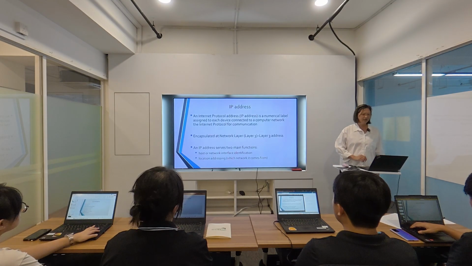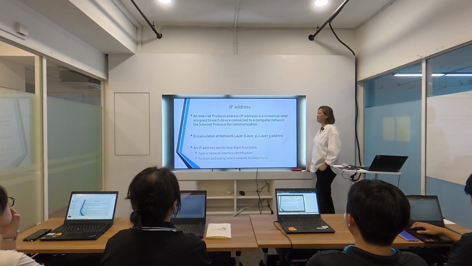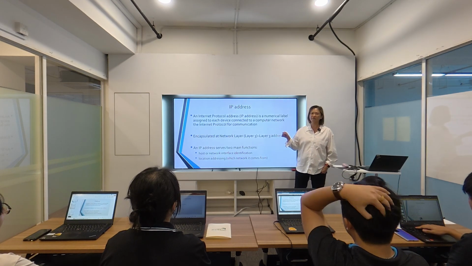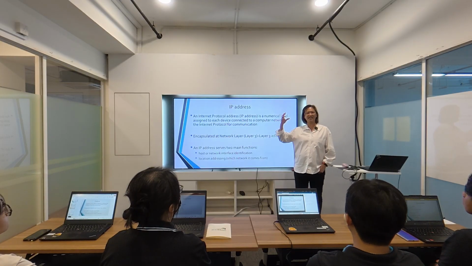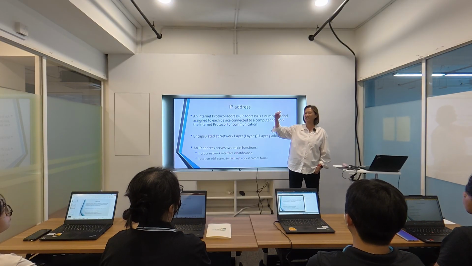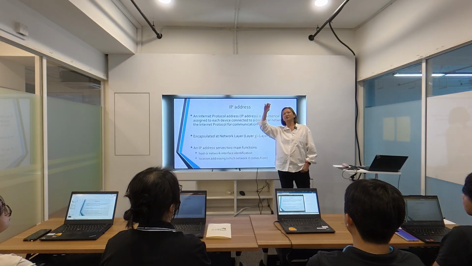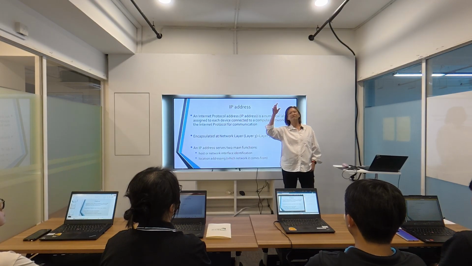Okay, first of all, an IP address is a numerical label assigned to each device so that they can communicate with each other. We have talked about the OSI layer model, whereby there is an encapsulation at every layer. From the application layer, you create data. Then you send it to the transport layer, which puts in a header.